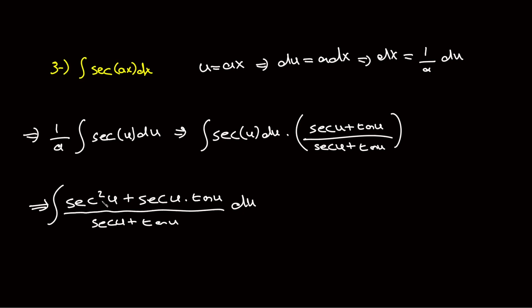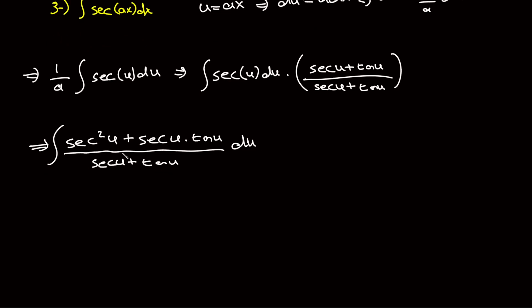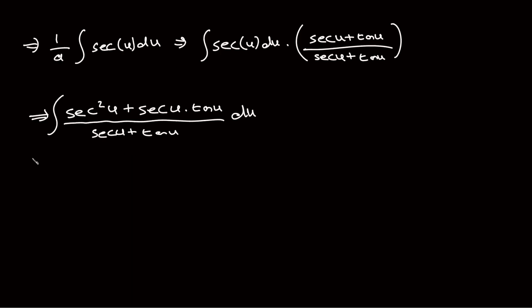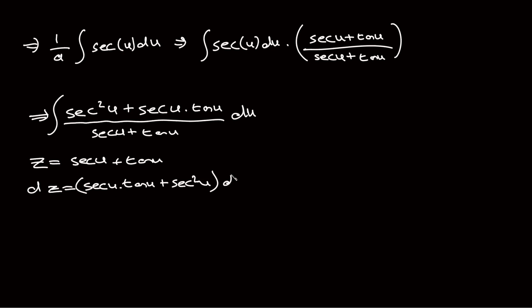There's a trick in this integral now. It's really hard to see, but if I do another substitution, let's say z is equal to the denominator, so secant u plus tan u. And when I differentiate both sides, dz is equal to secant u times tan u, when I differentiate secant, plus when I differentiate tan u, which gives secant squared u, du. This is equal to exactly my numerator.